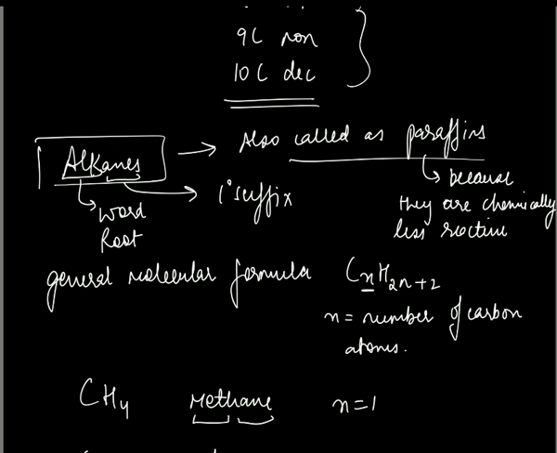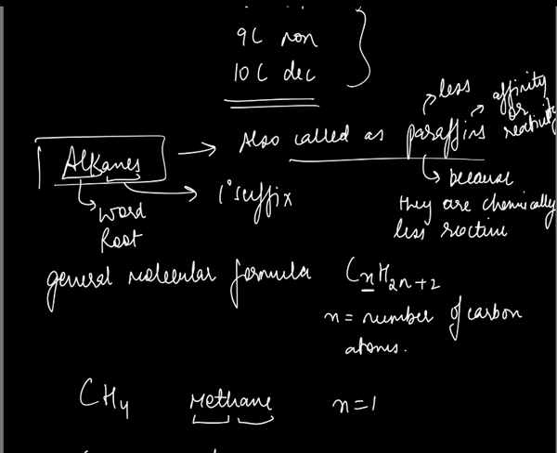Para means less, and affin stands for affinity or reactivity; chemistry people love Greek and Latin, right? So you can say alkanes have less reactivity. That's why we call them paraffins.